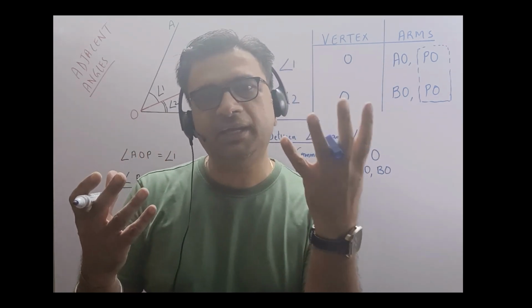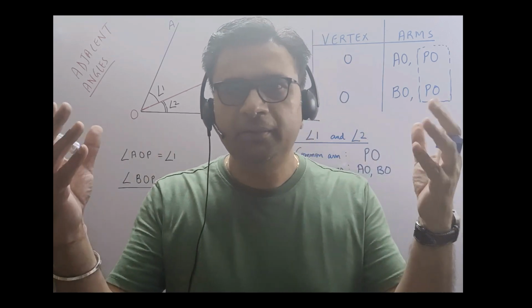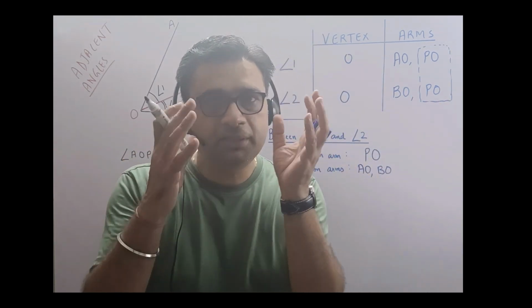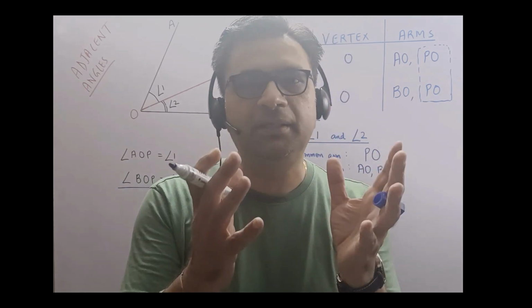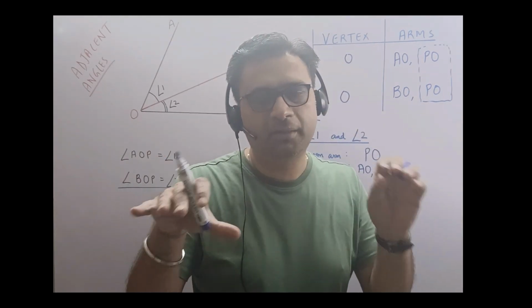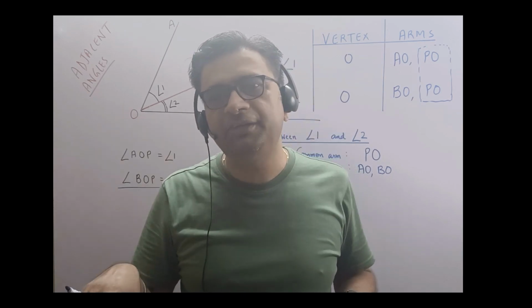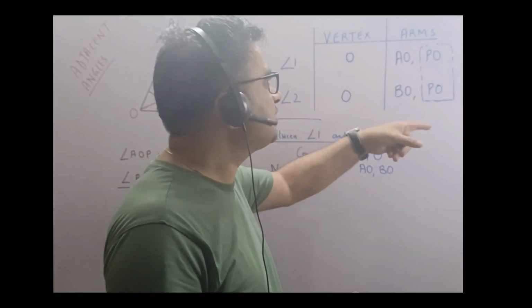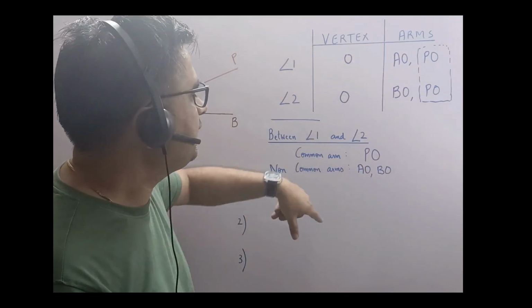A lift is a common property held by the residents. Your bedroom, your kitchen, these are your personal rooms, but the children's park or the lift or the elevator, these are common areas. So over here, what is common? PO is common. What is non-common?